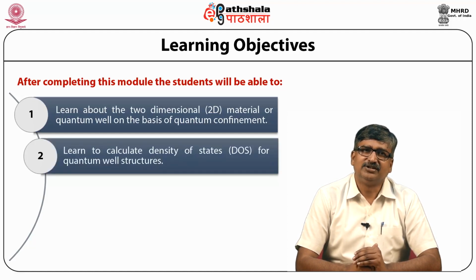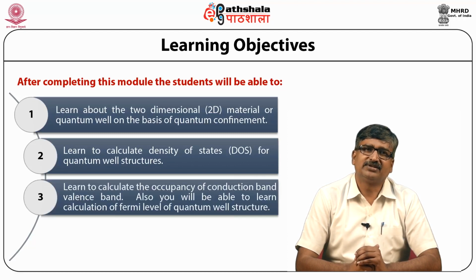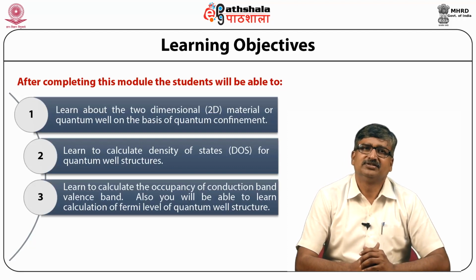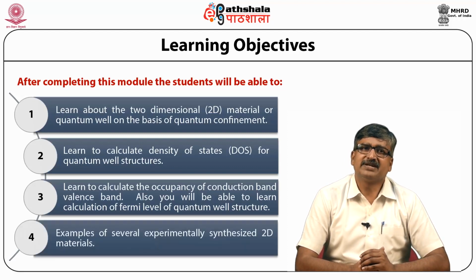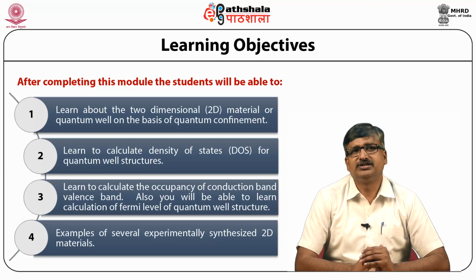You will learn to calculate the density of states for quantum well structures. You will also learn to calculate the occupancy of the conduction band and valence band. Also, you will be able to learn to calculate the Fermi level of a quantum well structure. Examples of several experimentally synthesized 2D materials.